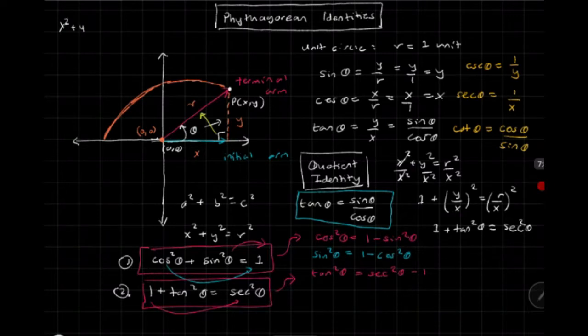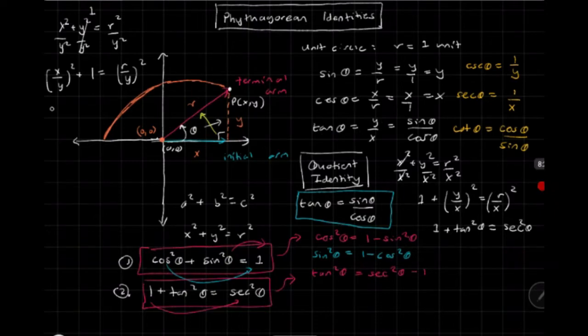In the last case, using the Pythagorean theorem, r squared, I'm going to divide everything by y squared. So if I divide everything by y squared, whatever you do to one side, if you repeat it to the other side, it keeps everything constant. So this is (x over y) squared plus 1 is equal to (r over y) squared. X over y in this case is basically cotangent theta, the reciprocal of tan theta.